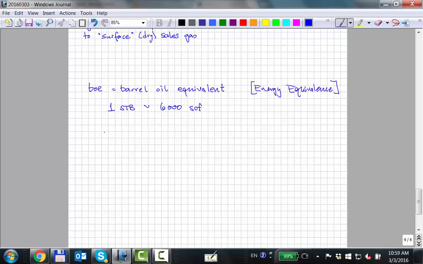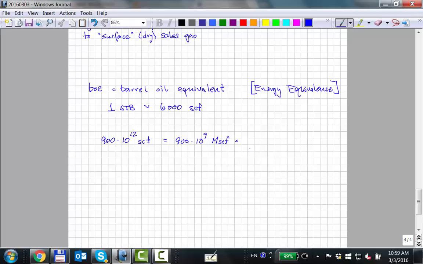Okay. So if you own 900 times 10 to the 12 standard cubic feet of gas, you can call that 900 times 10 to the 9th MSCF, which is 1,000 standard cubic feet, right?